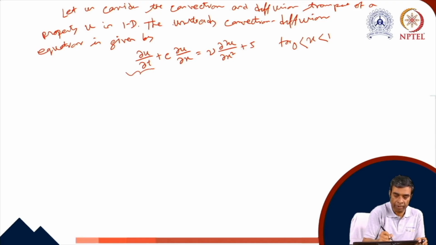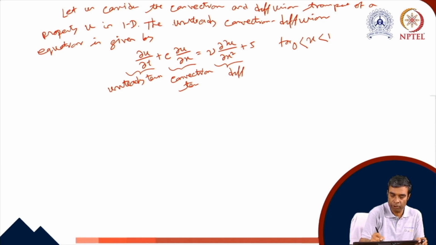So here the first term represents the unsteady term. The second term represents the convection term. The third term represents the diffusion term. And the last term represents the source term.